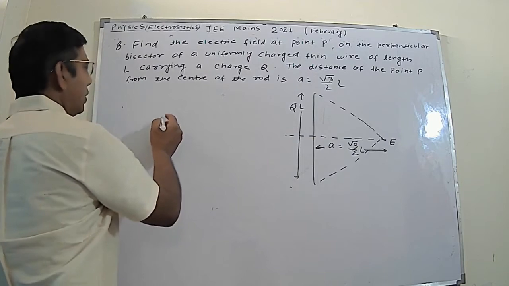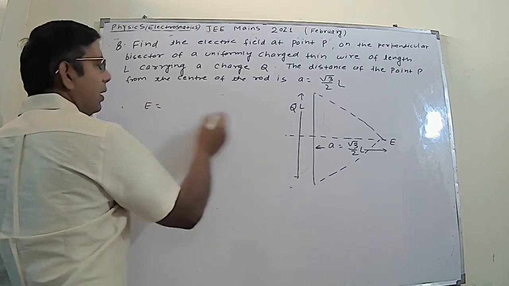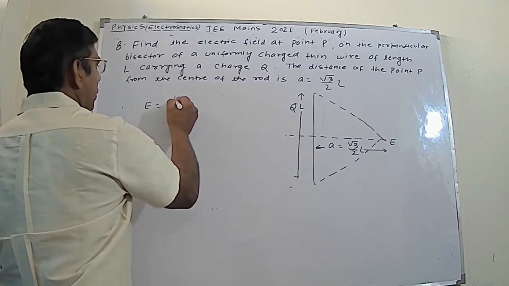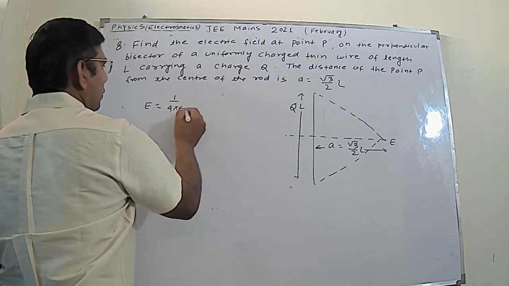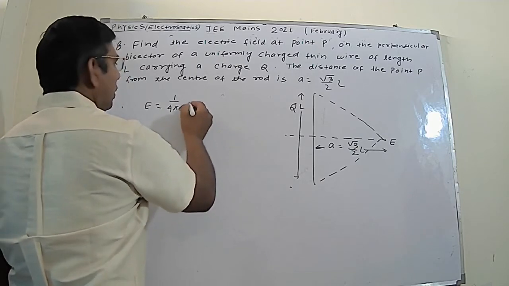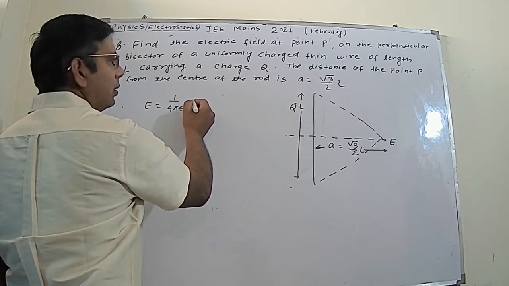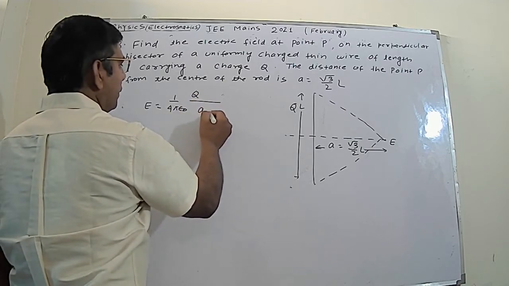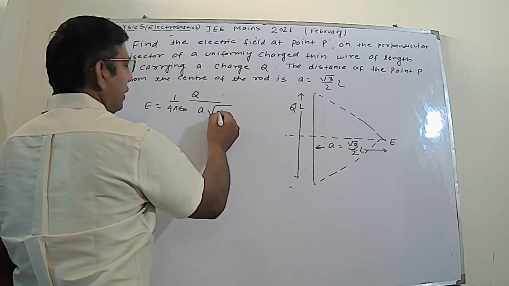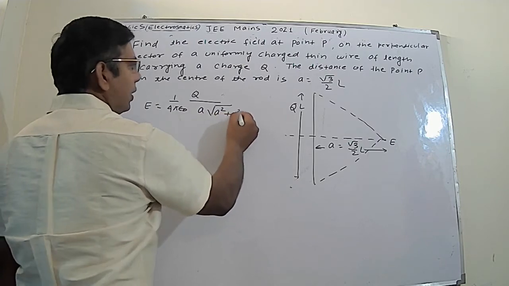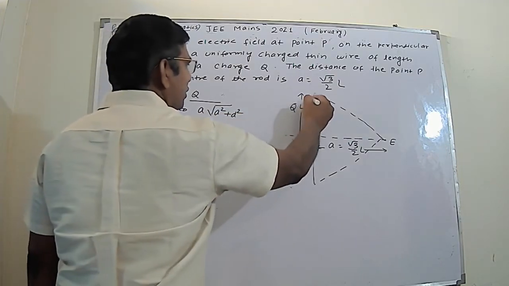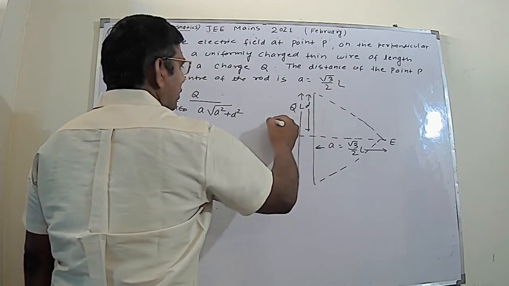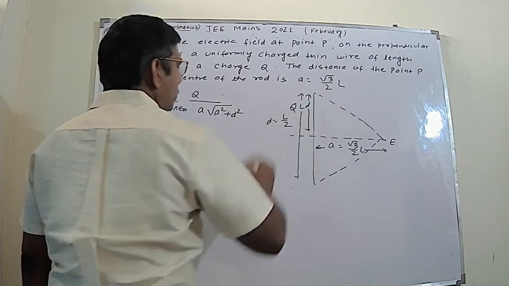So what is the formula for electric field? Here E is 1 upon 4 pi epsilon naught, Q divided by a square plus d square, where d is this distance, and in this case d is equal to L by 2.